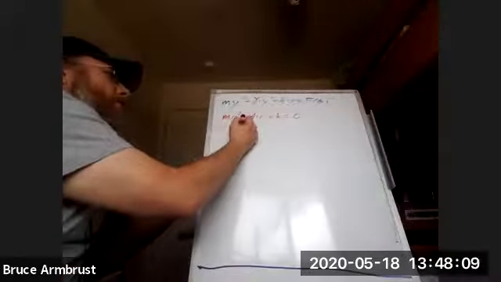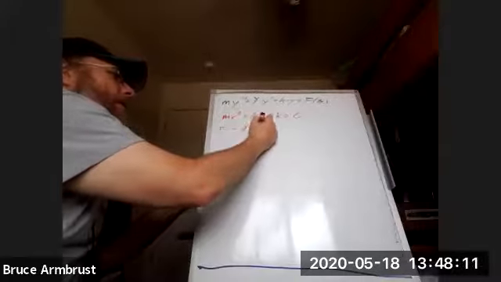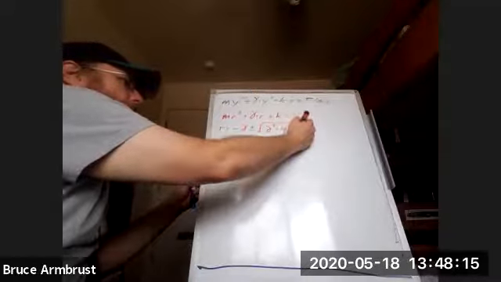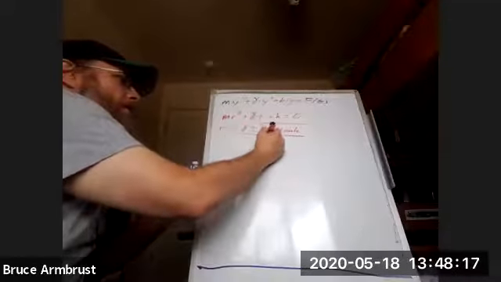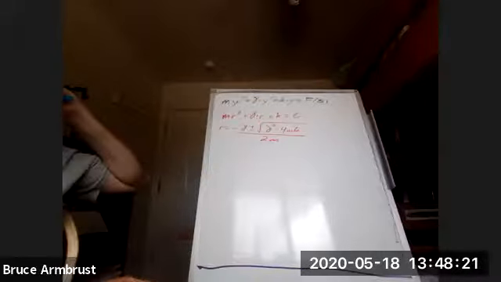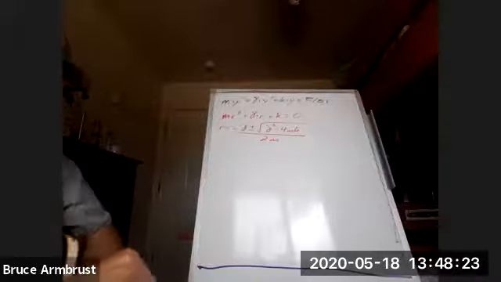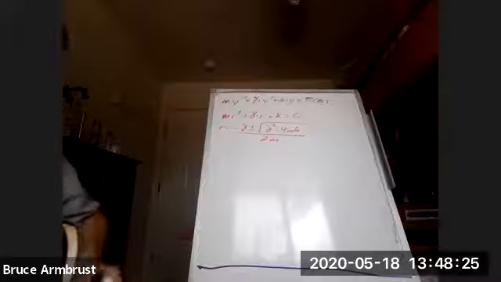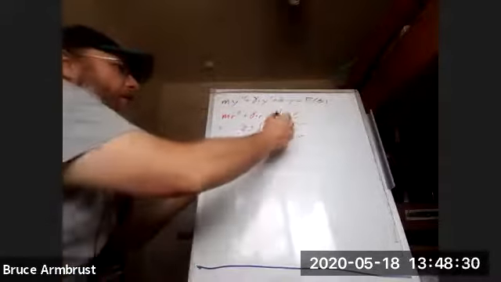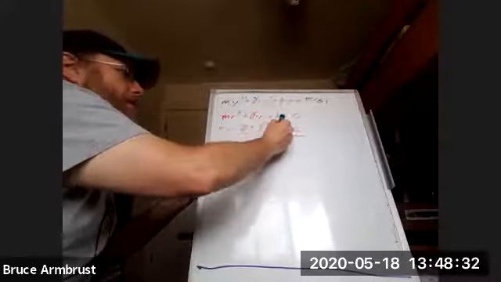So r is going to equal negative gamma plus or minus the square root of gamma squared minus 4mk, all over 2m. And in terms of what kind of solutions we get, it's all dependent upon the gamma squared minus 4mk.